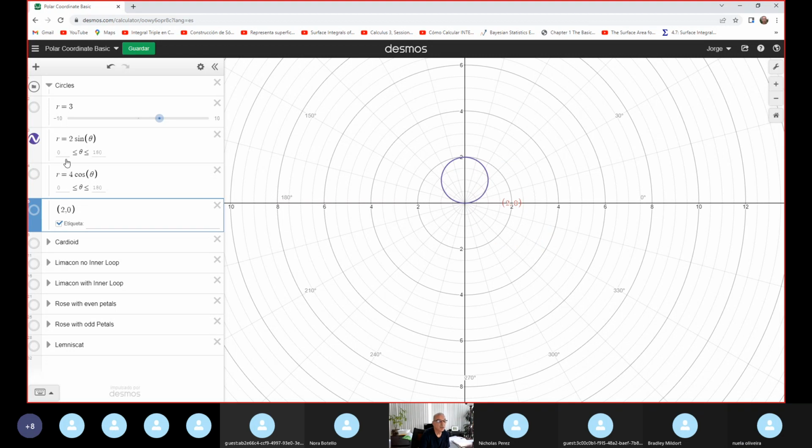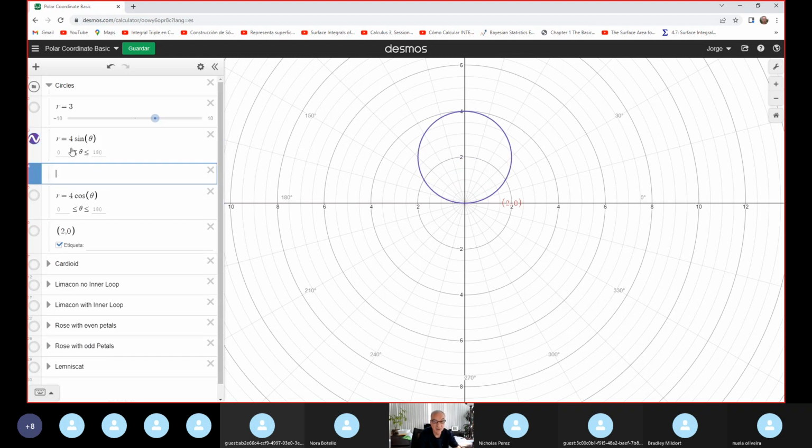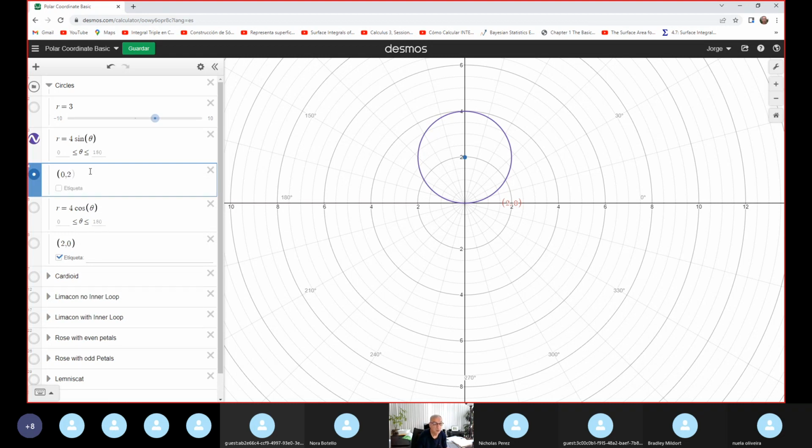Let me try 4 again. 4 is a circle. In this case, I put another line to show the center. The center is located at the point 0,2. When it is sine, the center is on the y-axis, and when it is cosine, on the x-axis. It's super easy to memorize.